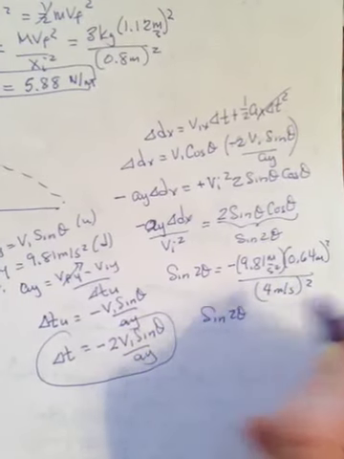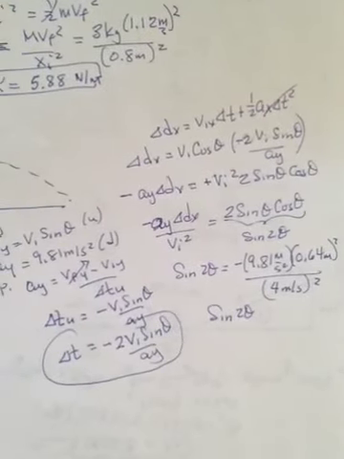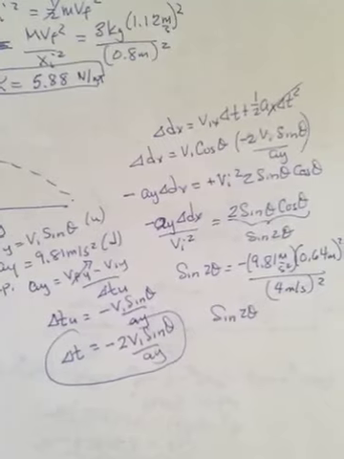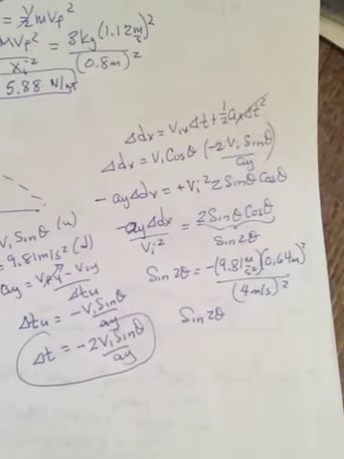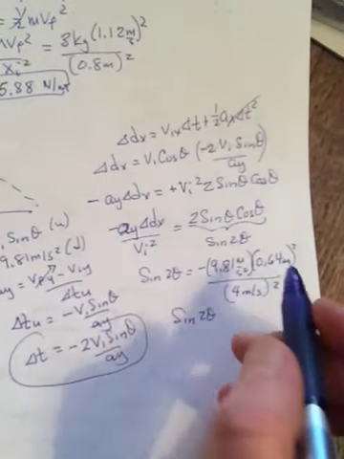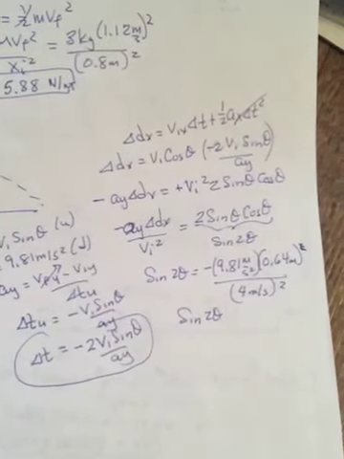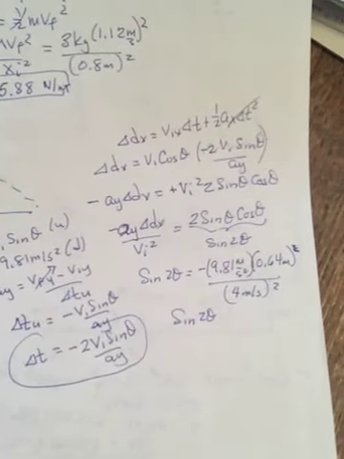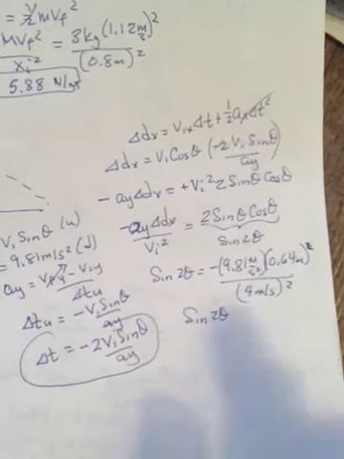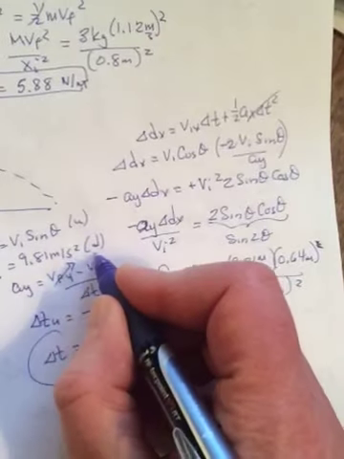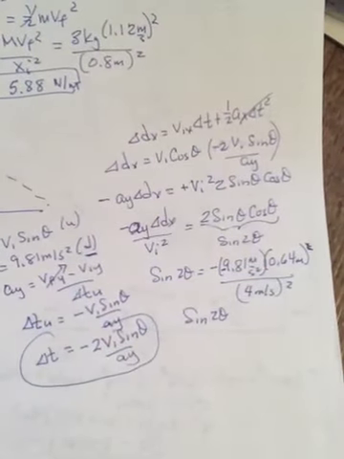Remember, when you do this, you'll get 2 sine theta, and then you'll have to divide by 2 later. So if we multiply this out, 0.64, I don't know why I put a squared on this one. The squared's down below. 0.64 times 9.81, and this goes in as a negative because it was down.